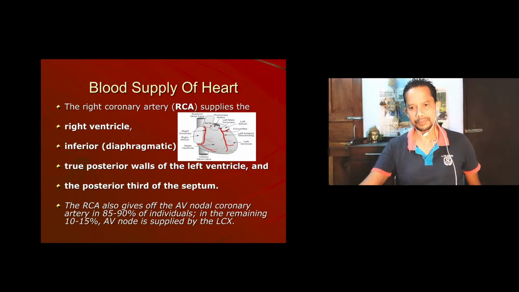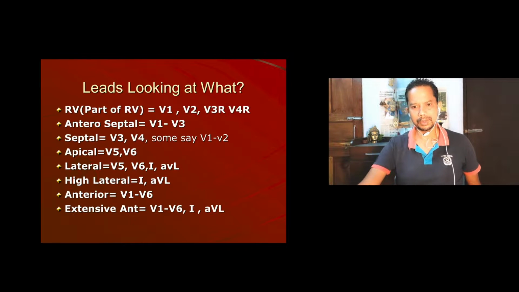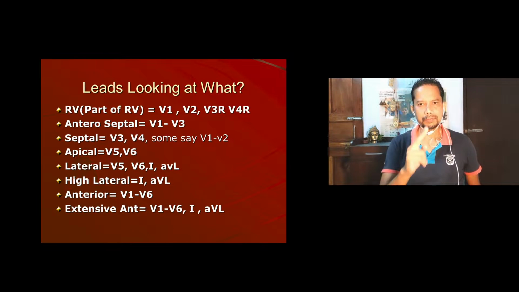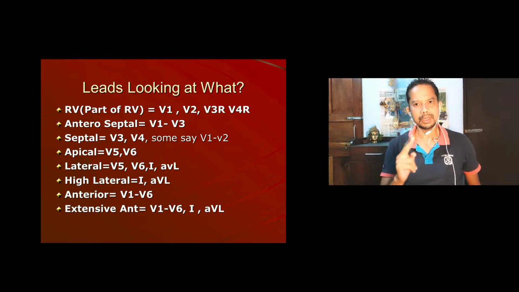To see a posterior wall MI, you can also take leads posteriorly on the left side, V7, V8, V9, V10. We also discussed that anything positive in AVR signifies a serious disease.